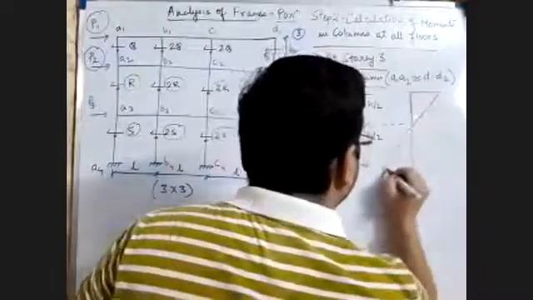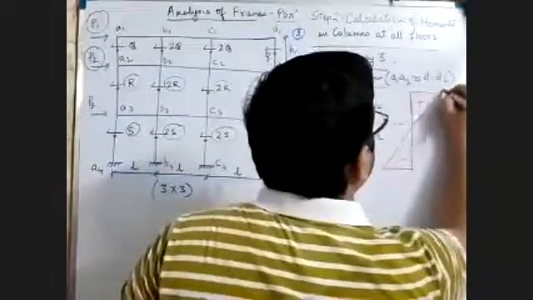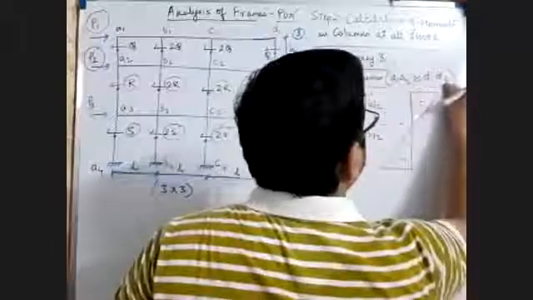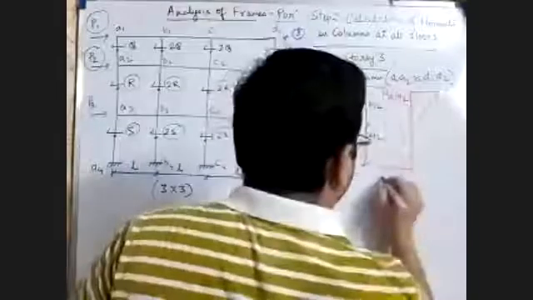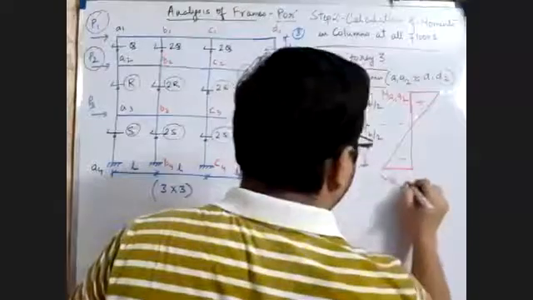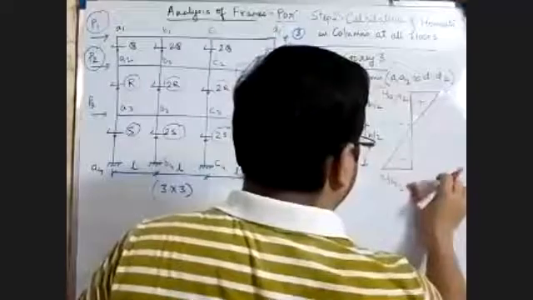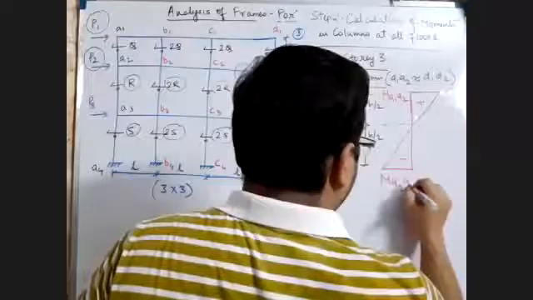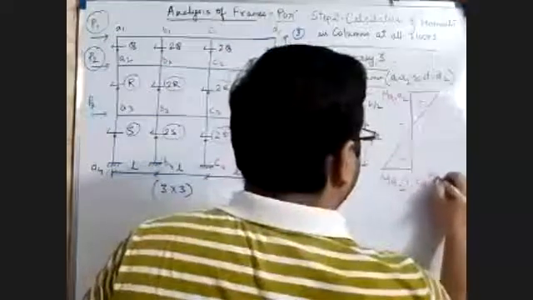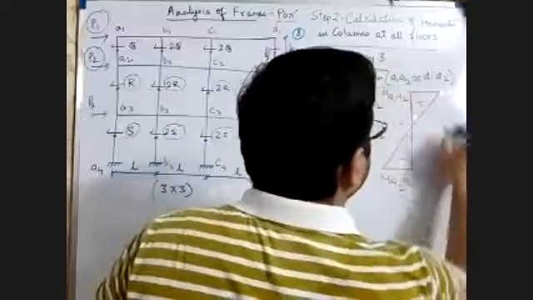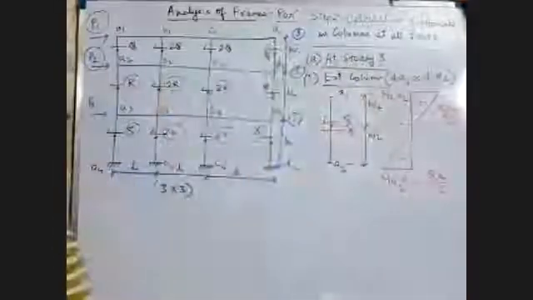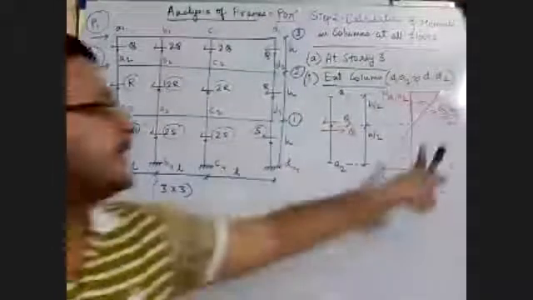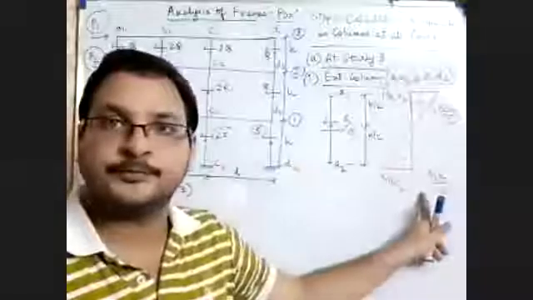We all know at the point of contraflexure the bending moment is 0. Here the moment A1, A2, and here the moment A2, A1. These are the end moments, not fixed end moments. Everyone, please make sure this is not the fixed end moment. So the value will be Q h by 2, Q h by 2.